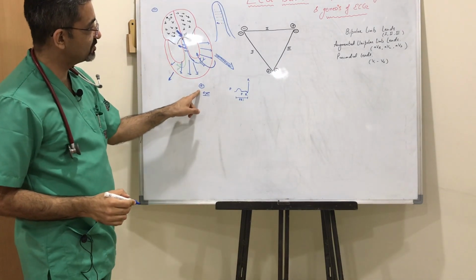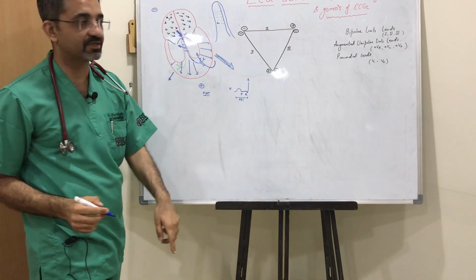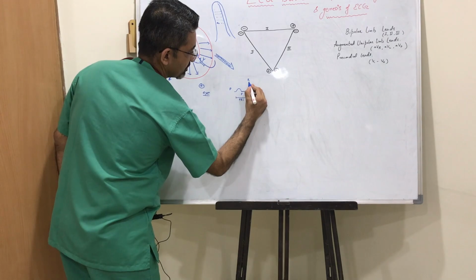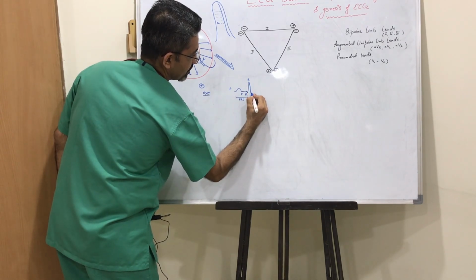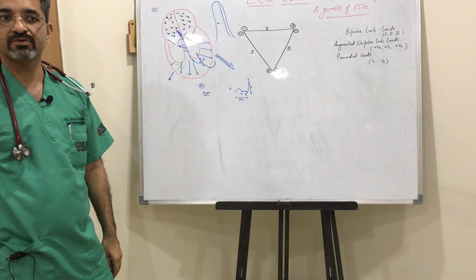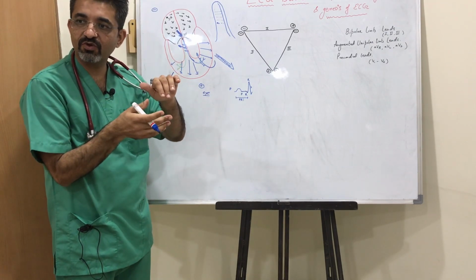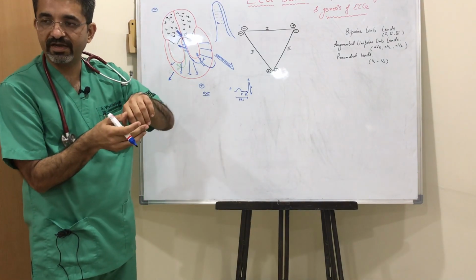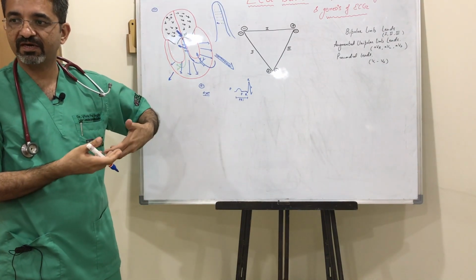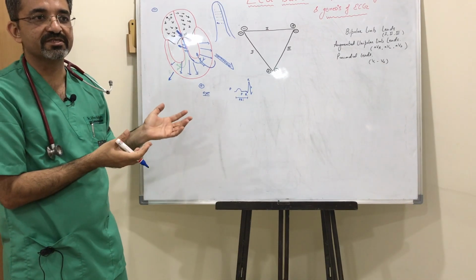So what will happen in lead 2? Positive charge moving away from positive will give a negative reflection. So it will be S wave. This is S. So S wave is a deflection of positive charge, and it depicts that the base of the heart and the posterior surface of the heart is being stimulated.